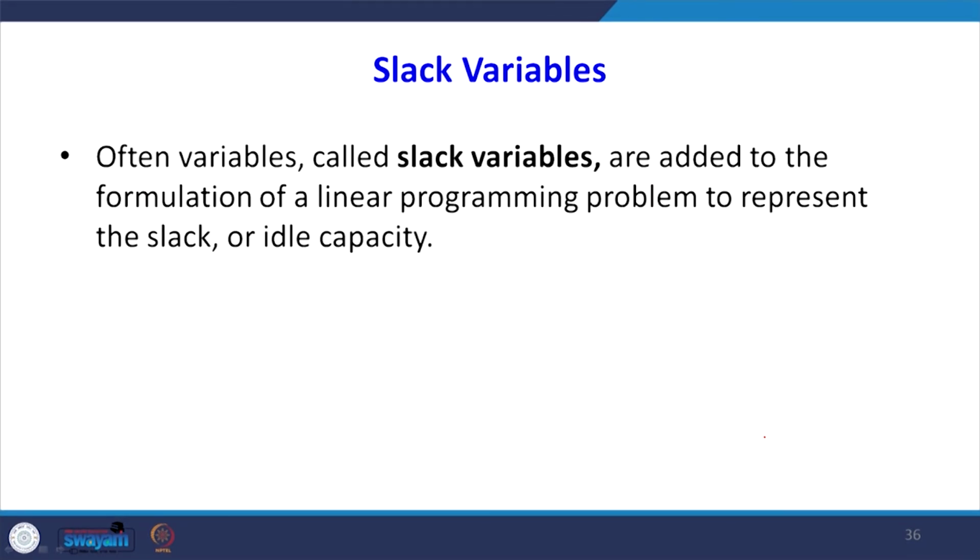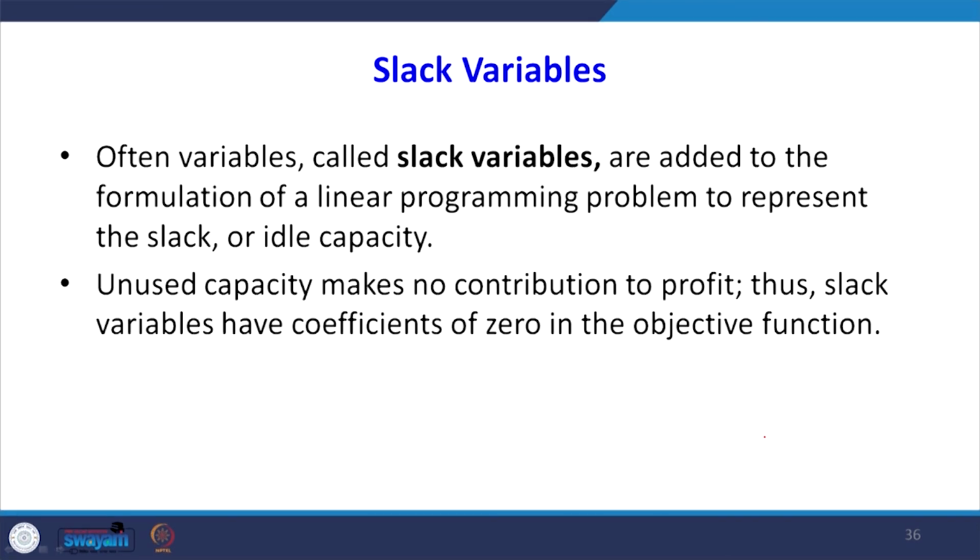Often variables called slack variables are added to the formulation of a linear programming problem to represent the slack or idle capacity. So, that slack unutilized resource has to be added in the linear programming problem.